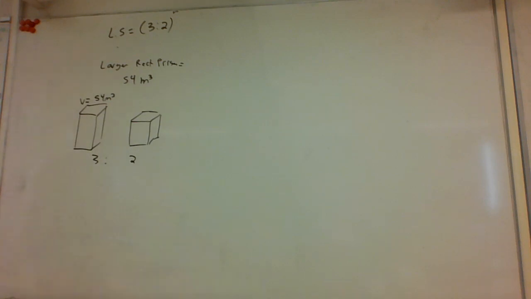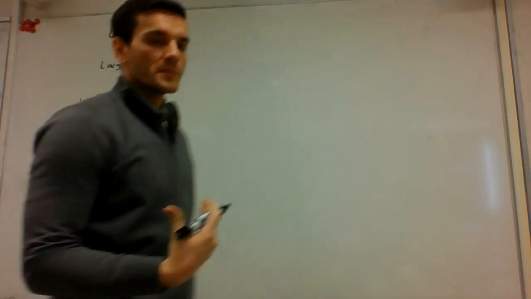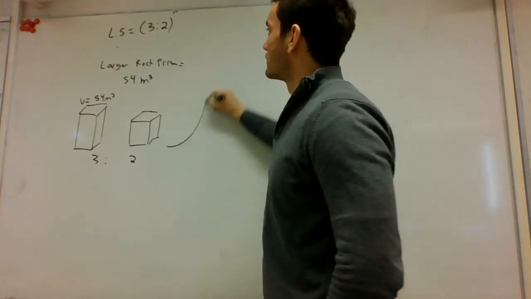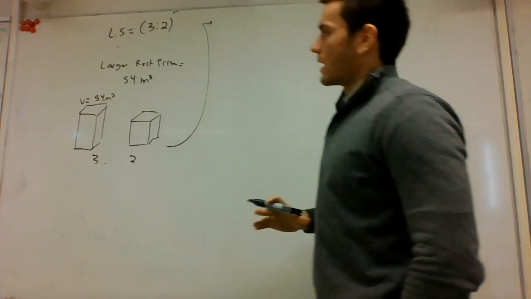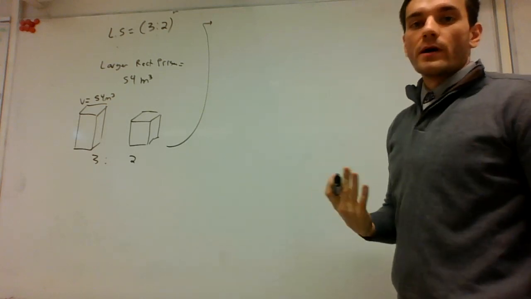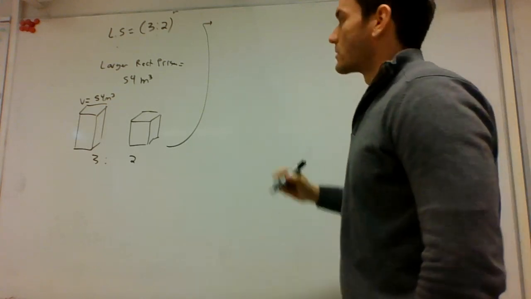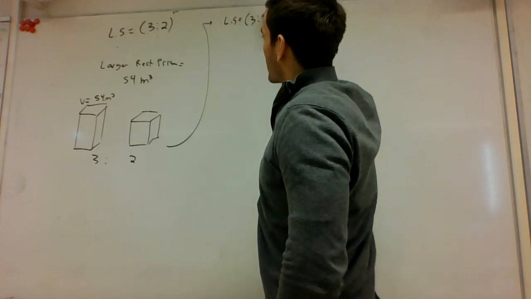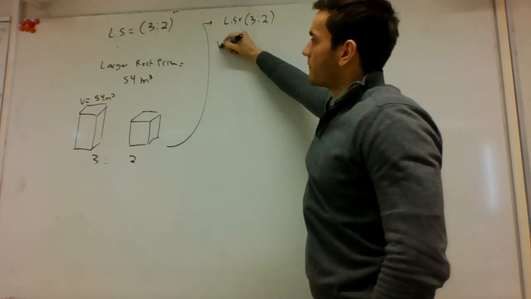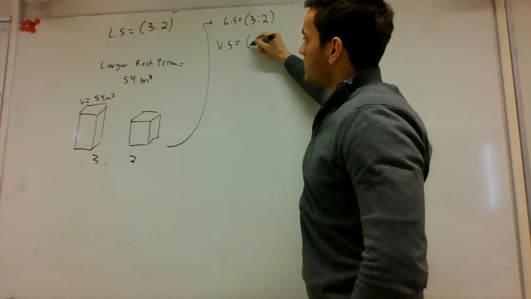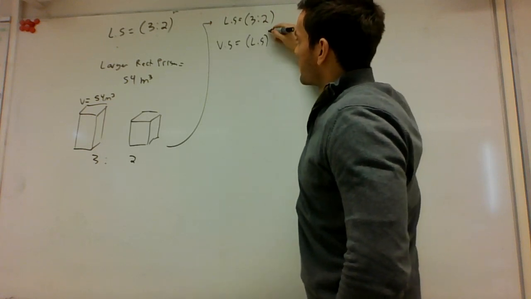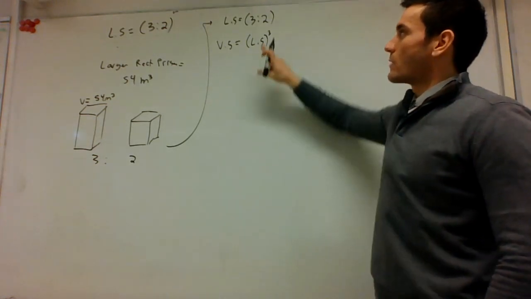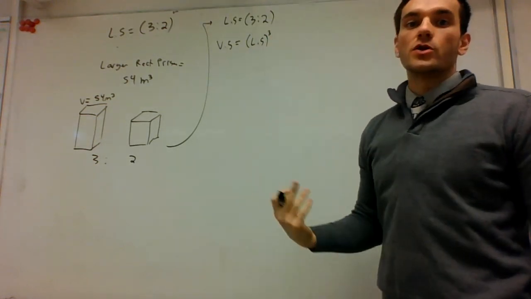Since we're dealing with a question about volume, it's usually an indication I should probably find the volume scale. So we'll just use the formula that we learned in the last example. If length scale is 3 to 2, well, volume scale is just your length scale to the power of 3. Volume is cubed, so it makes sense that we would do our length scale cubed as well.